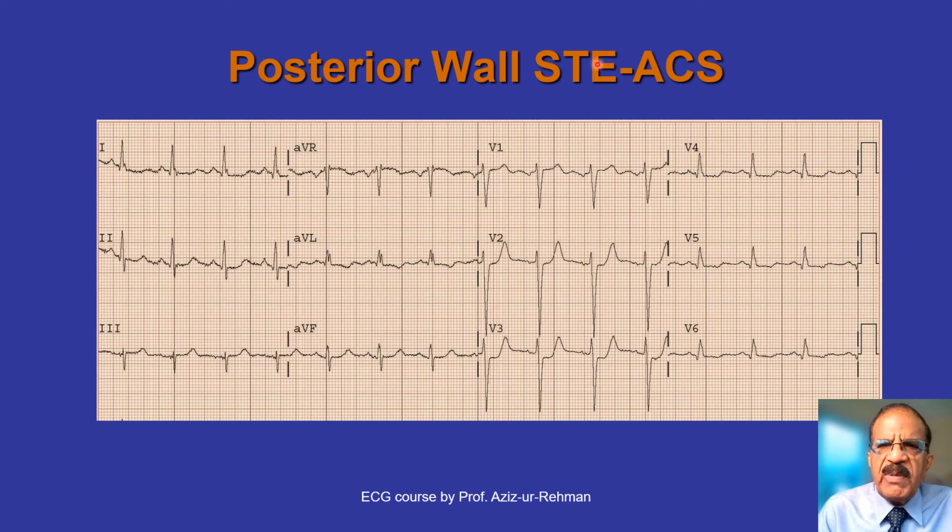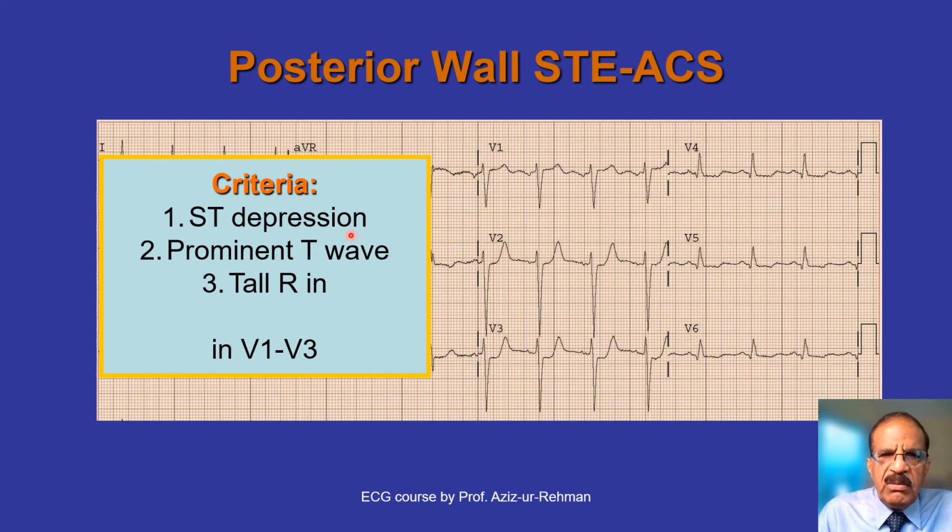Posterior wall ST segment elevation. I say acute coronary syndrome because in this type of ECG, it is usually not possible to be 100% sure unless you have documented elevated troponins. So at this ECG, we should call acute coronary syndrome. And once we receive the report of troponins showing elevated troponins, that will confirm the diagnosis of posterior wall STEMI.